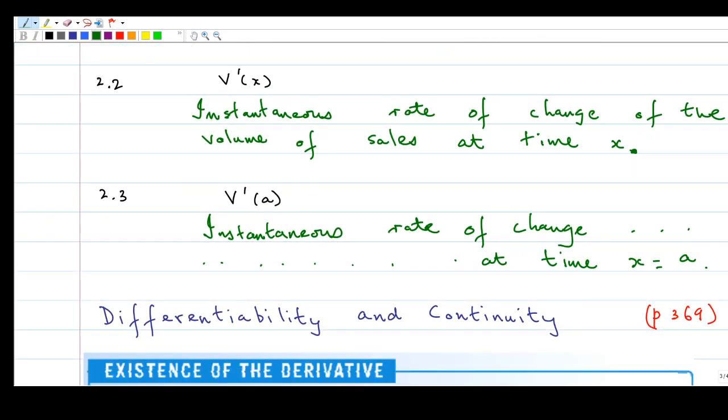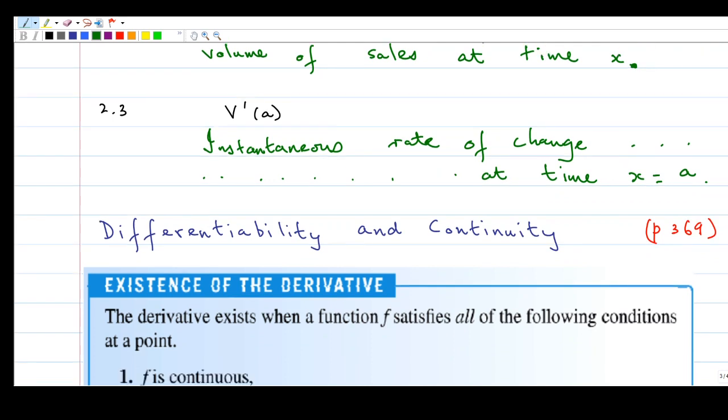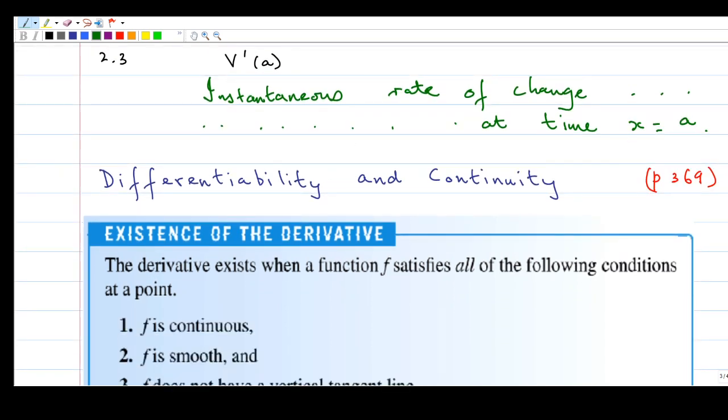Right? We now look at differentiability and continuity. Right? We dealt with the concept of continuity in the previous lecture. You'll find these concepts discussed on page 369.